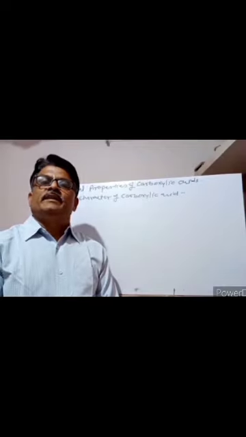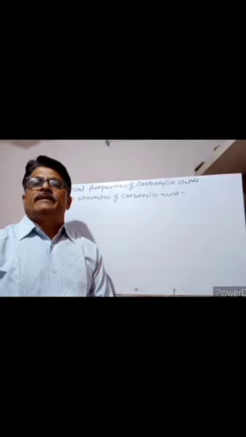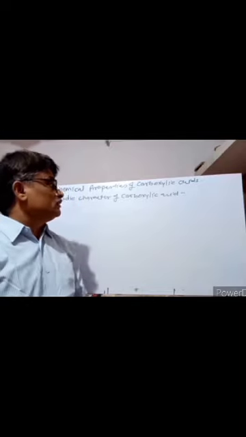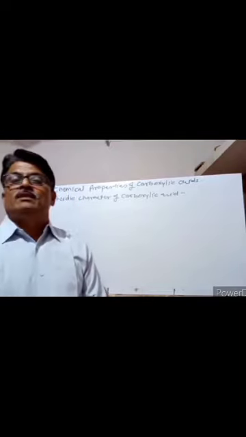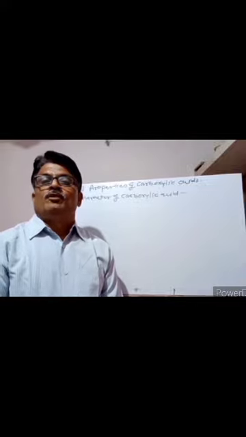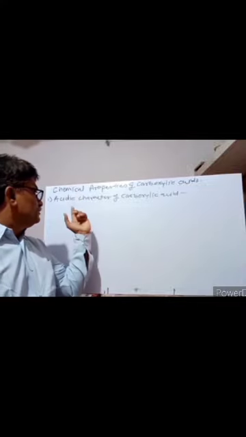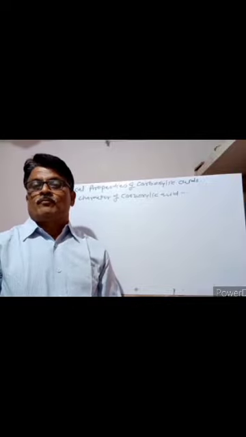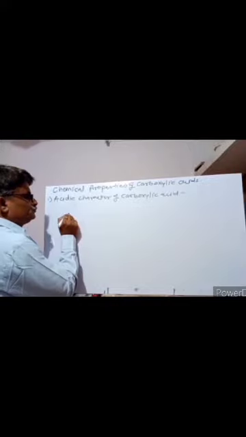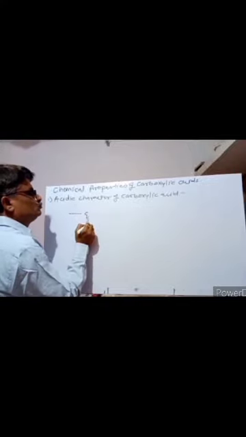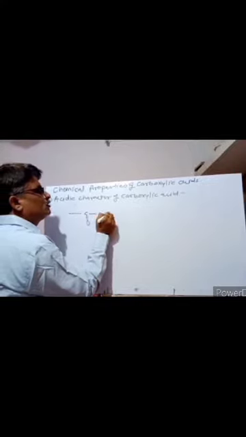Reactions of aldehydes and ketones, chemical reactions of aldehydes and ketones. We have to see the chemical properties of carboxylic acid. First one is the acidic character of carboxylic acid. As we see, the carboxylic group contains a carbonyl group and a hydroxyl group.